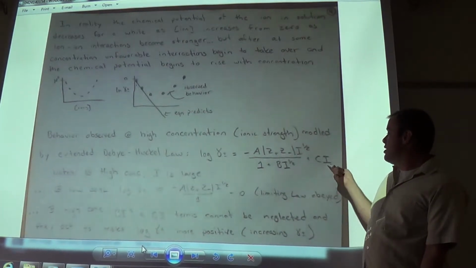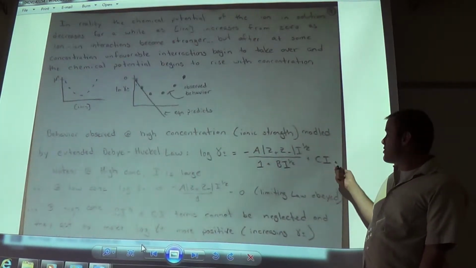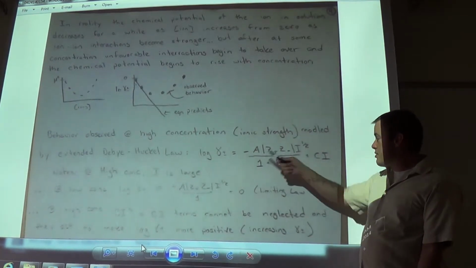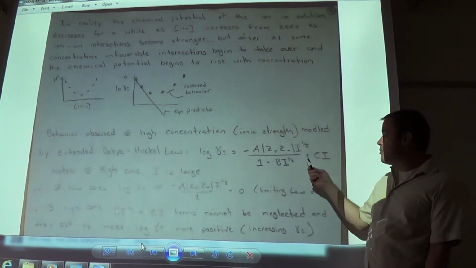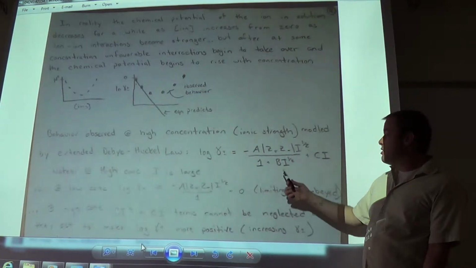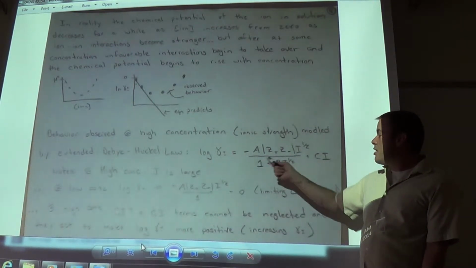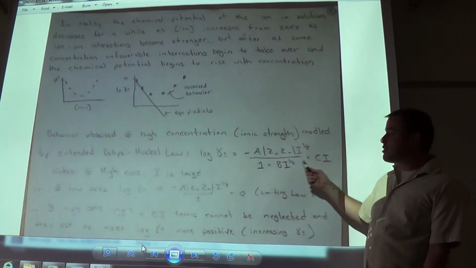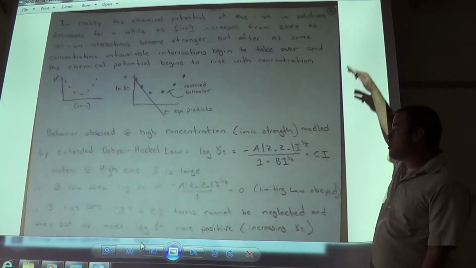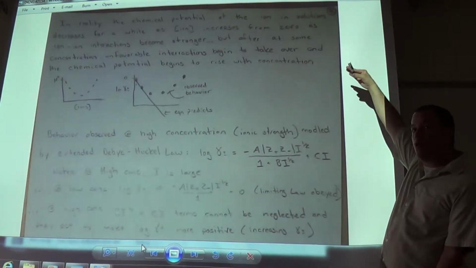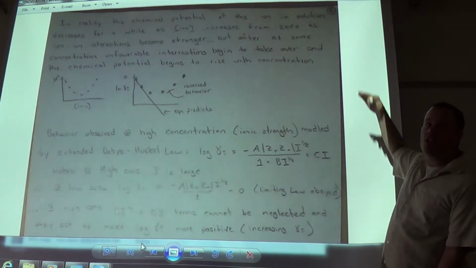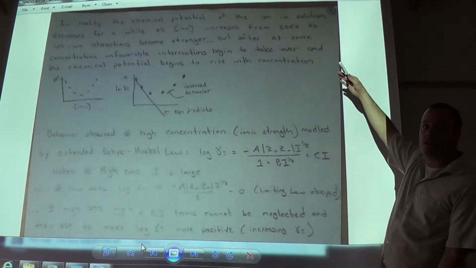This term over here, as the ionic strength goes to 0, this term goes to 0. And so again, in the limit of dilute solution, we get back the limiting law. But as the concentration increases, this whole term gets smaller, this term gets larger, and we now have a gamma plus minus that's growing in size, therefore we have a chemical potential that's growing in size.